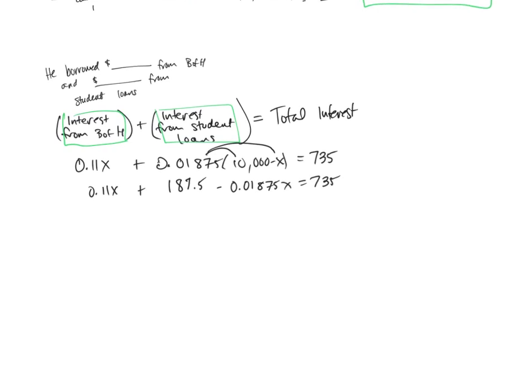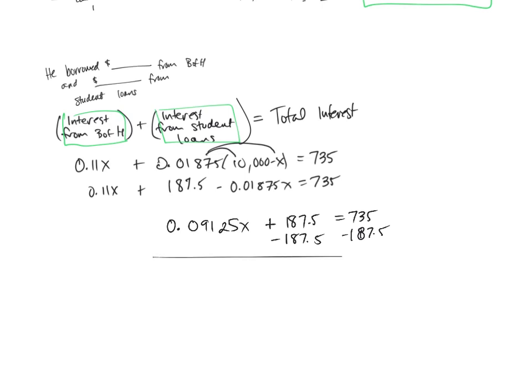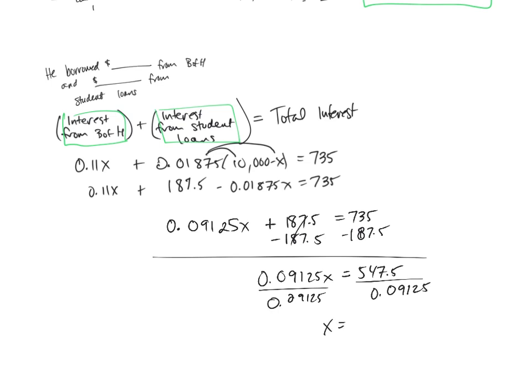All right, and then combining my x's, I would get 0.09125x plus 187.5 is equal to 735, and then subtracting that 187.5 from both sides, we get 0.09125x is equal to 547.5, and then dividing both sides by 0.09125, we get x is equal to 6,000.